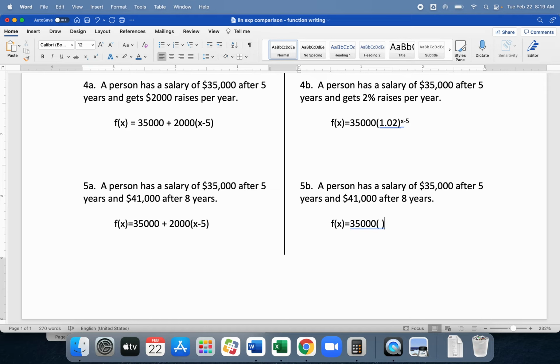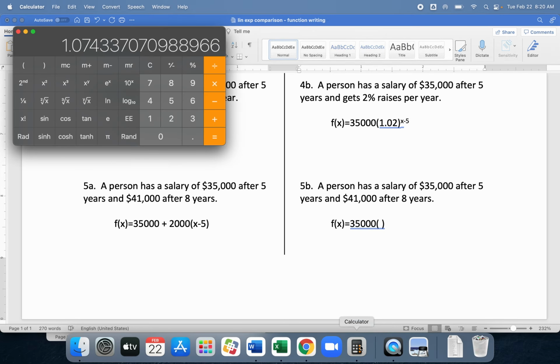I need to know the percentage. So we have to do this dividing thing, and that's going to help us find what goes here. It is over a period of 3 years, so we could do the same cube root like we did in a couple problems ago to figure out from a 3-year growth factor to a 1-year.